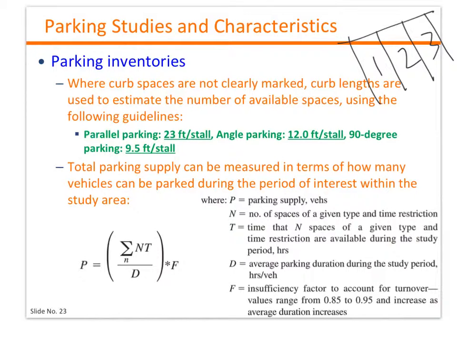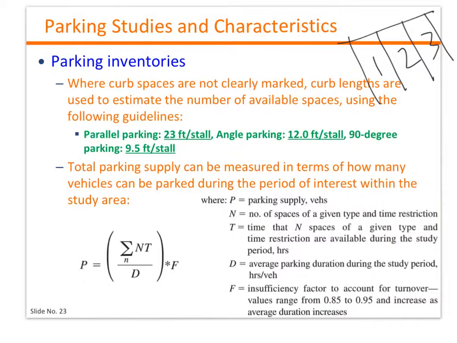For example, if on average every car stays there 5 hours, D is equal to 5 hours per vehicle. F is the sufficiency factor to account for turnover values, which typically ranges from 0.85 to 0.95, and it also increases as average duration increases.